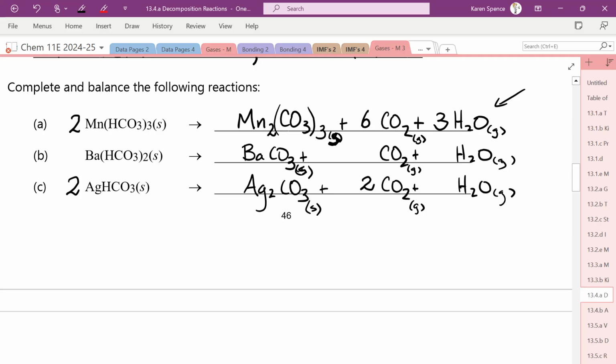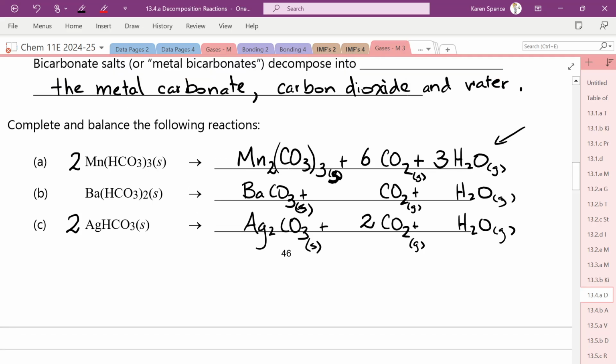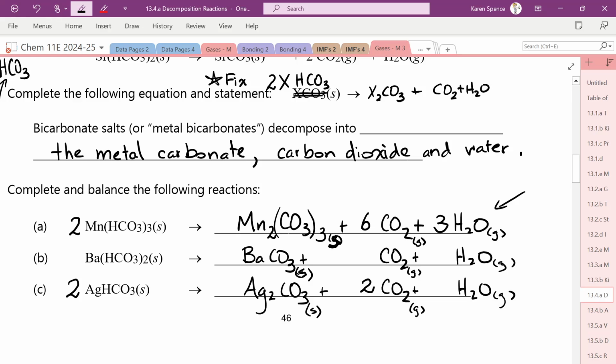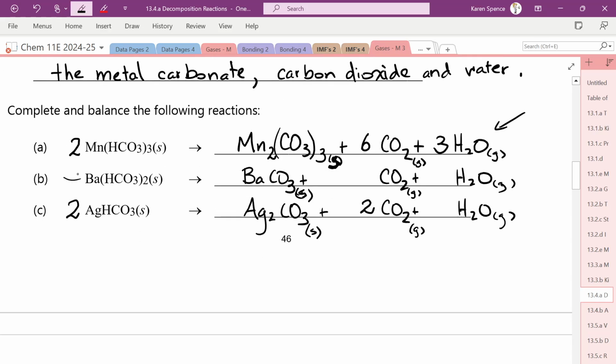Is the bottom one not correct? That's totally possible. If you have 2 in the front, that means you have 6 oxygen in total. Okay, so the bottom one. We like this one, right? That one's easy? Yes.